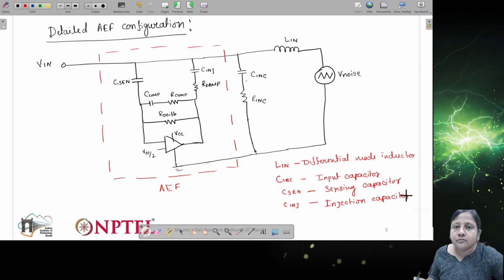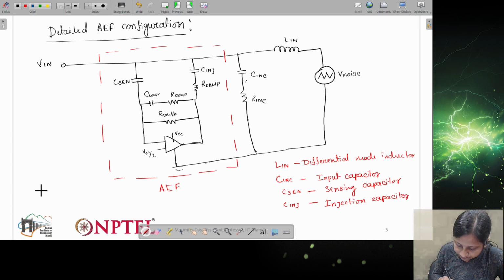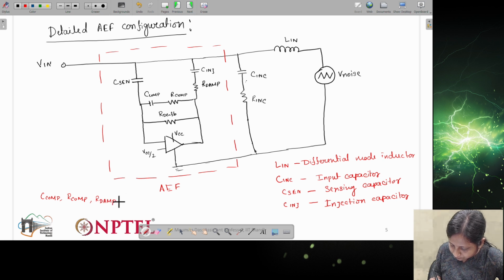Okay. Now we have other components. What are those components? C comp, R comp, and then we have damping, R damp, and R DC.